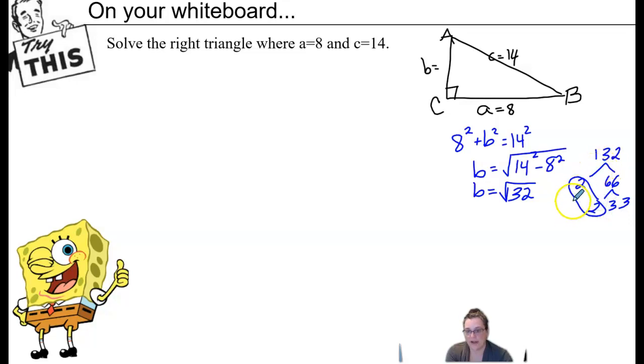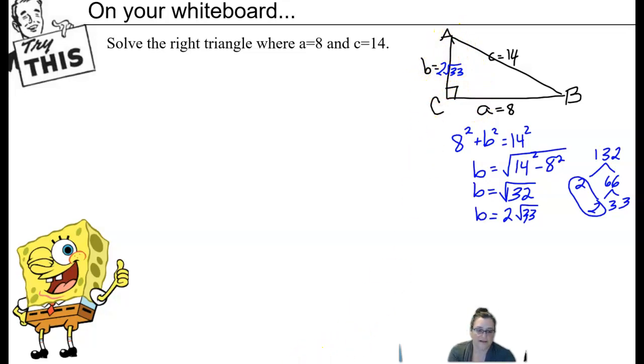But I could pull out a 2 since I've got two 2's. So b reduces to 2 square root of 33. So I can put that up here, 2 square root of 33. And that's the exact value of my side b.